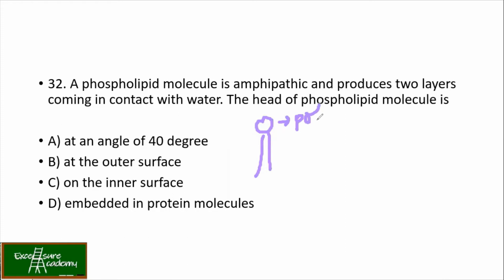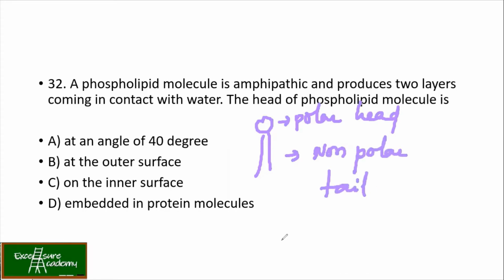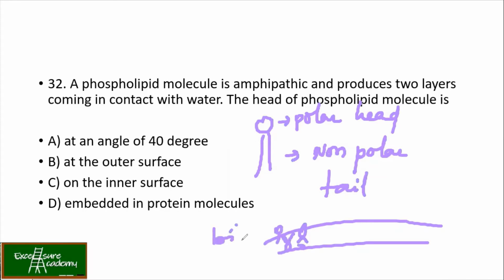So this is the polar head, and then we have the non-polar tail. All these are present on the plasma membrane. Actually, they form the plasma membrane bilayer. They produce two layers when they come in contact with water.